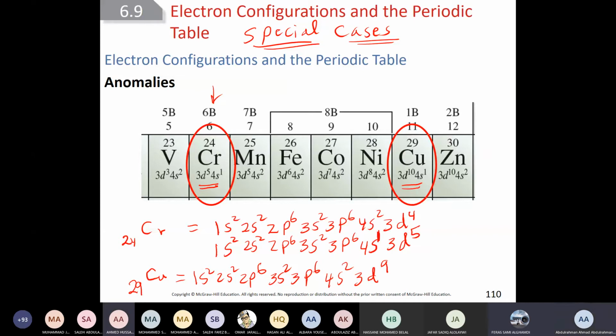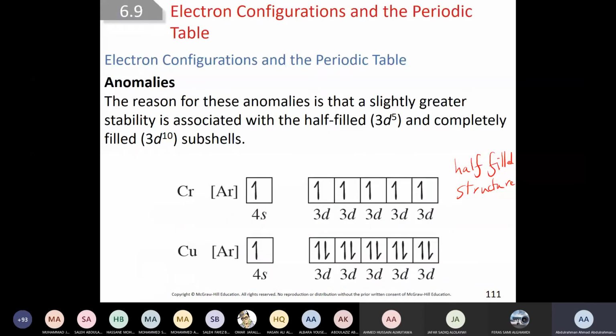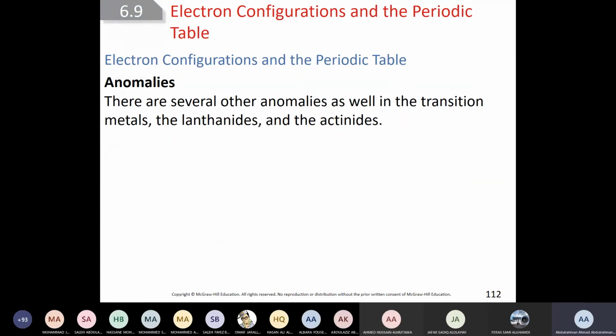For 4s1, the 3d will be full: 4s1, 3d10. Special case. And the same thing with its group, the whole group. Is this clear? It should be 4s1, 3d10, like this, the structure. This is special cases only.